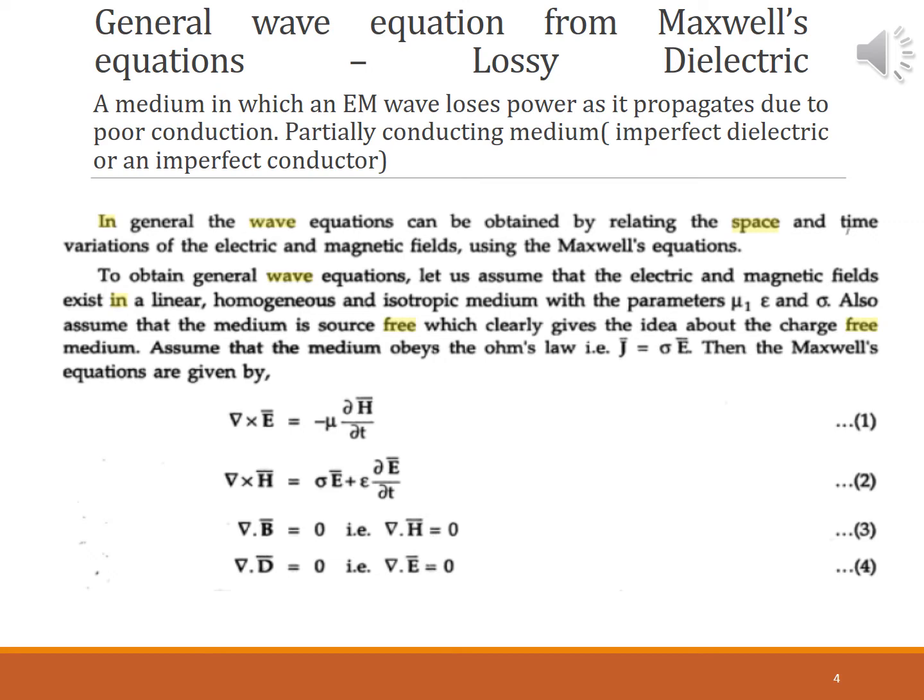It is sometimes called an imperfect dielectric or an imperfect conductor. Those who have doubts can refer to the previous slide. Here sigma is not equal to 0, and epsilon and mu are present.